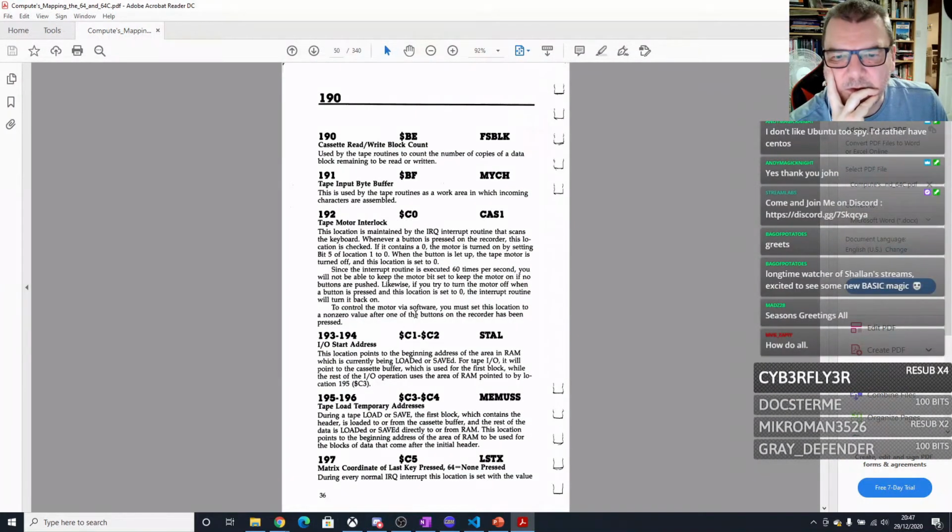C1, what's C1? Location pointers, beginning address of area in RAM that's currently being loaded or saved. Well, yeah, we can use that. During the tape load or save, the first block, we could use C3 and C4 as well. Yes. We could use that. In fact, we will.